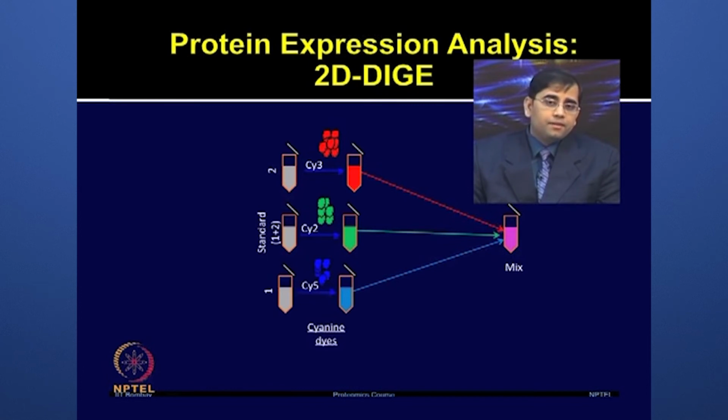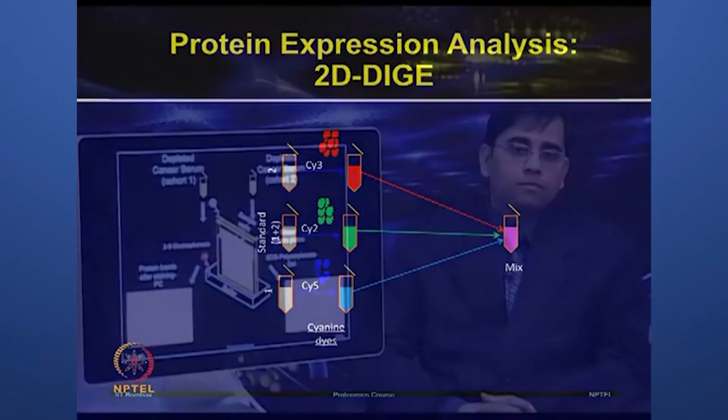As you can see in the slide, these samples were first labeled with Cy3 and Cy5, and the internal reference pools were also made, which were labeled with the Cy2 dye. These samples were then mixed.